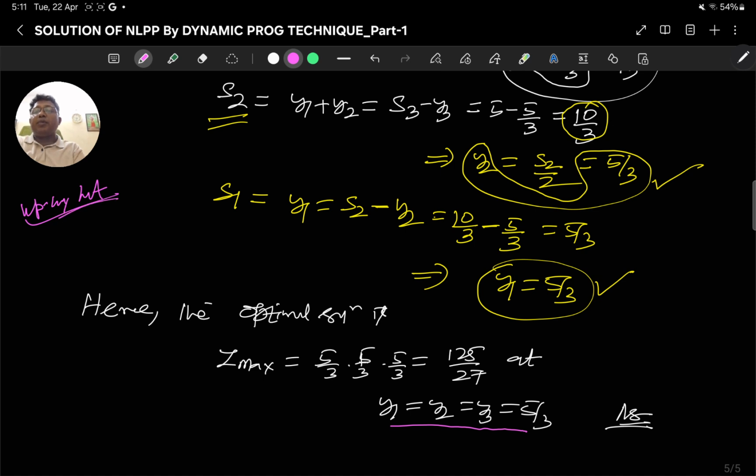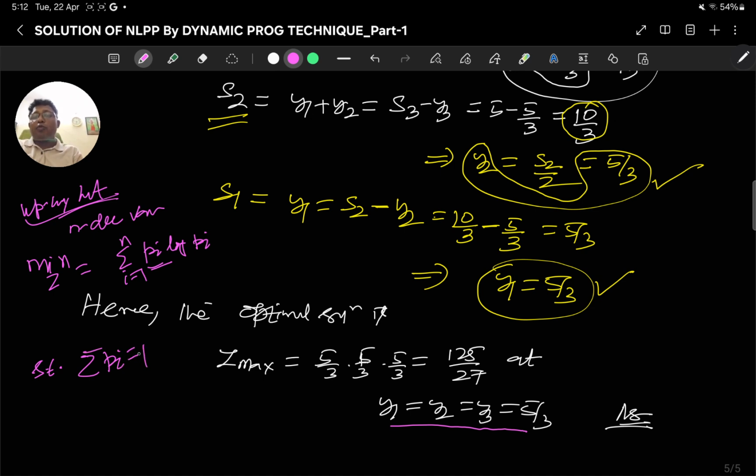In an upcoming lecture we'll see if there are n decision variables, suppose minimize z = summation of pi log pi, i = 1 to n, meaning there are n decision variables p1, p2, ..., pn, subject to the constraint summation of pi = 1, meaning p1 + p2 + ... + pn = 1, and pi ≥ 0 for all i = 1 to n.